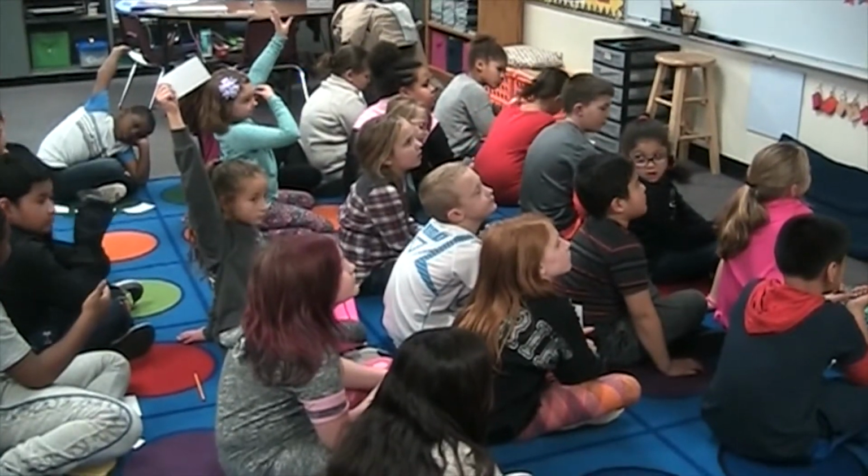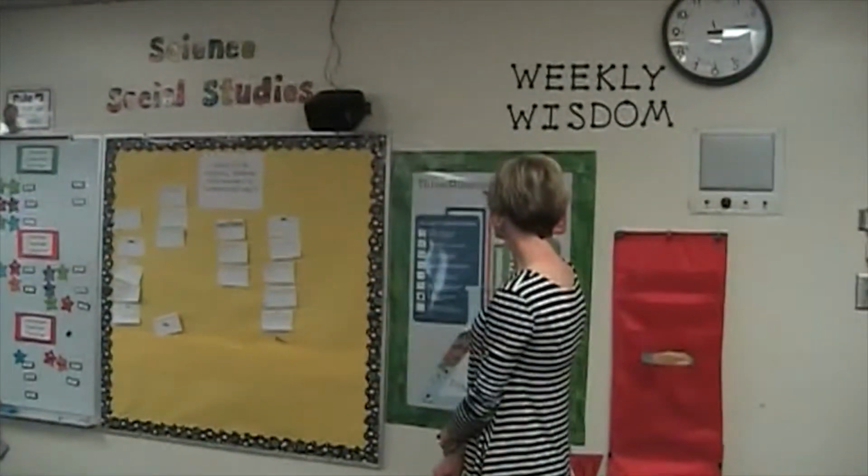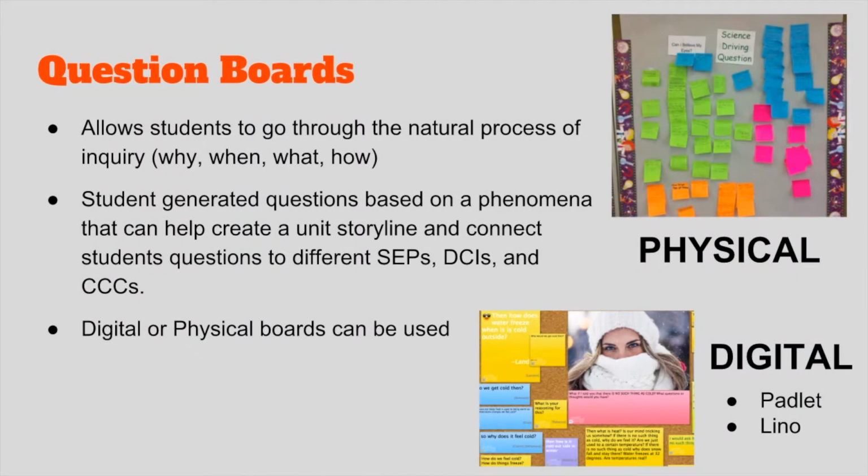When you look over here, one of the things they do is ask questions. Providing students the opportunity to question, whether at the beginning of the unit or throughout the lessons, allows students to go through the natural process of inquiry. Students are able to question about why, when, what, and how things happen. Again, students' questions should be incorporated into the unit storyline. They can be used at the lesson level as a phenomena question or the focus question.